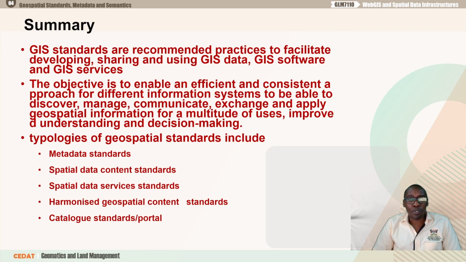The objective is to enable an efficient and consistent approach for different information systems to be able to discover, manage, communicate and exchange, and apply geospatial information for a multitude of users, and also improve understanding and decision making. So the whole issue here is just about consistency on how we can encode and share this geoinformation.